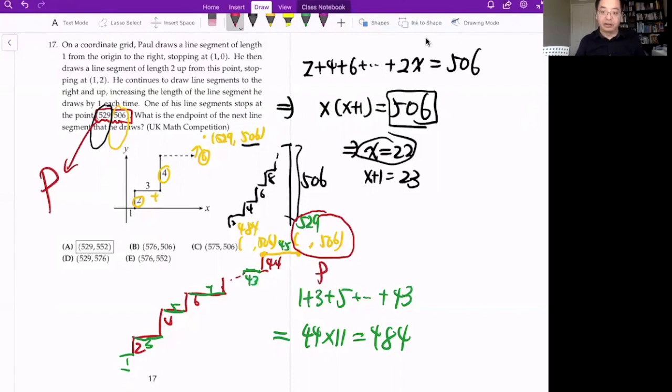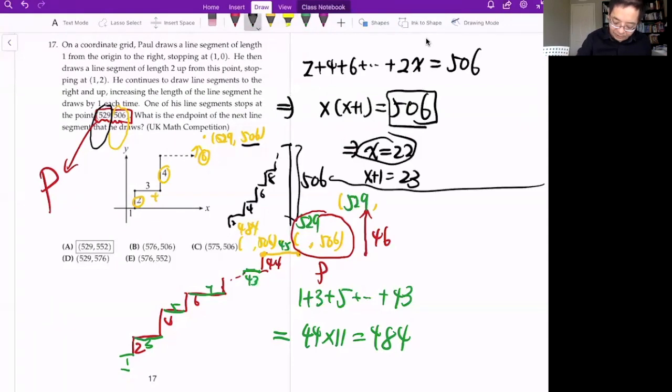Now, what is the next step? Point P is on the right hand side. The next step is to go vertically up. This should be 46, right? The x coordinate does not change, it's still 529.